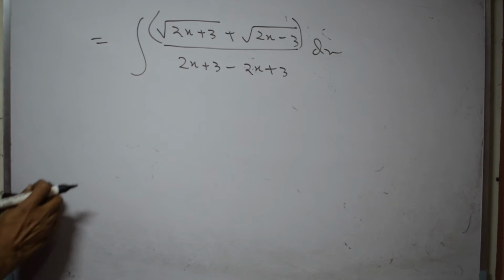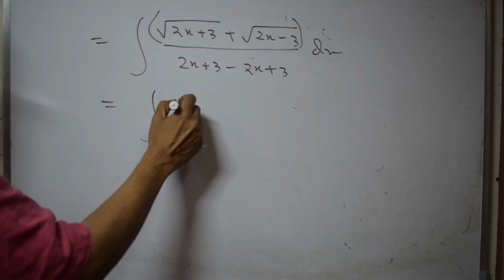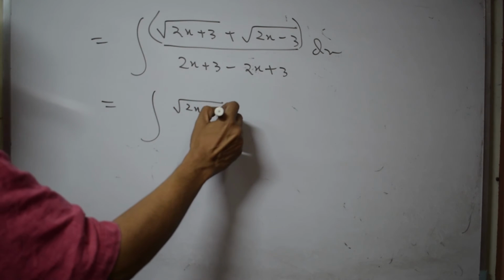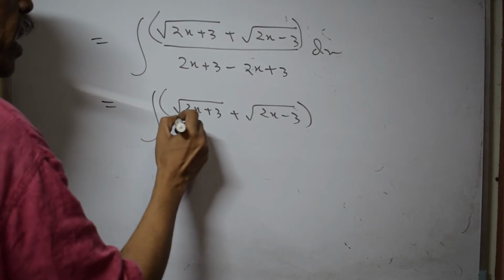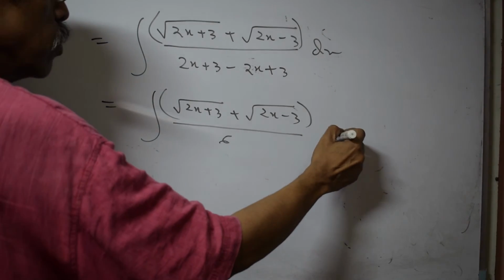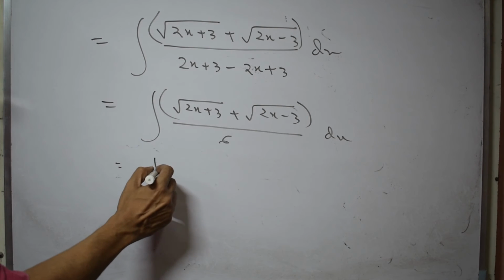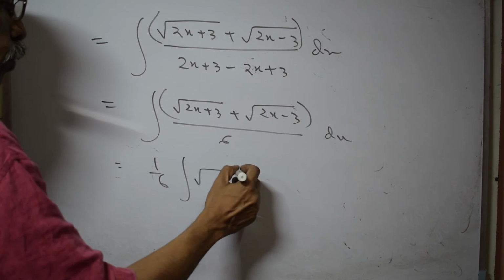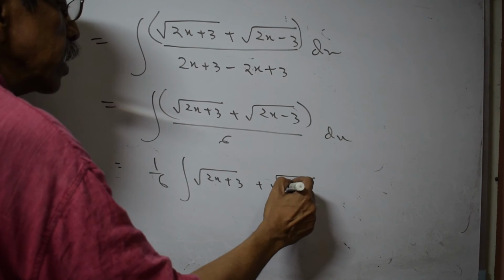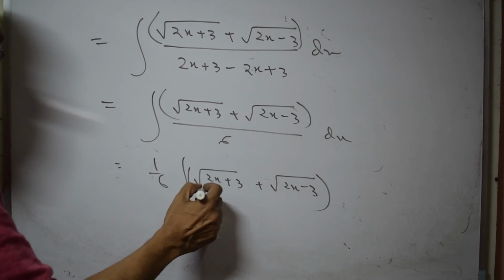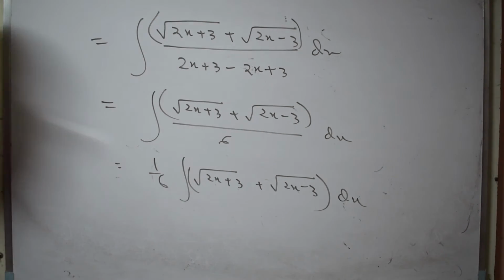So now we are having the question like this: root over 2x plus 3 plus root over 2x minus 3 by 6. We can take 6 outside to get the problem as 1 by 6 into root over 2x plus 3 plus root over 2x minus 3. So two parts, two integrals. Actually we are having two questions.